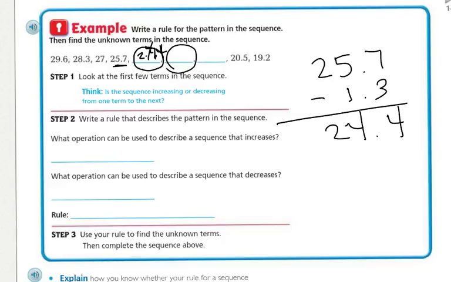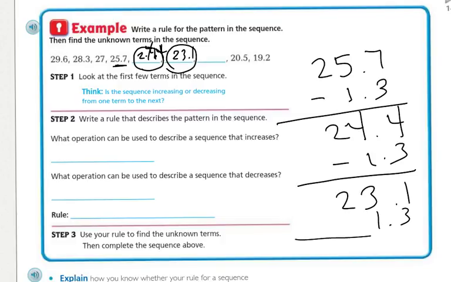So now to find the next term, again, I'm going to subtract 1.3. 4 from 3 is 1, put my decimal, 4 from 1 is 3, and bring down my 2. So the next one's going to be 23.1. Okay, and then I'm going to take that 23.1, I'm going to subtract 1.3. I get 11, I get 2, and I get 21.8. So this one's 21.8.